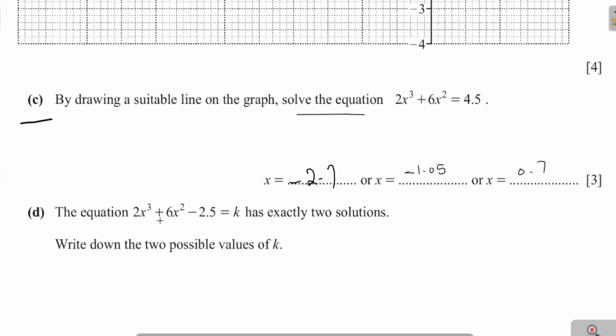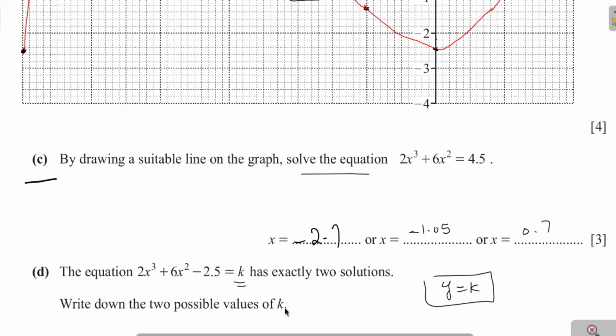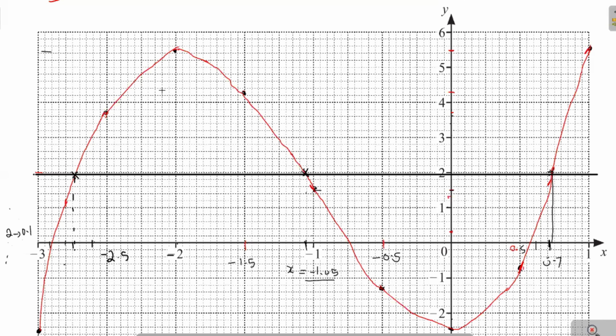Part D, the equation 2x cubed plus 6x squared minus 2.5 equal to k has exactly two solutions. Therefore, we can write y equal to k. We have to draw a line which intersects the graph at two positions. You see here, if we draw the line here, this line intersects the graph at two positions, at which the value of y is 5.5.